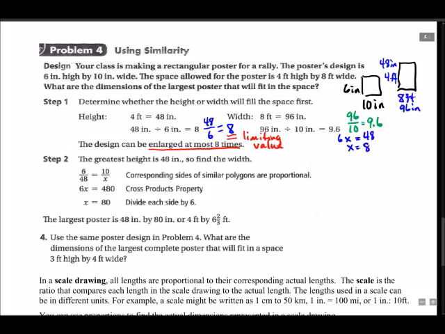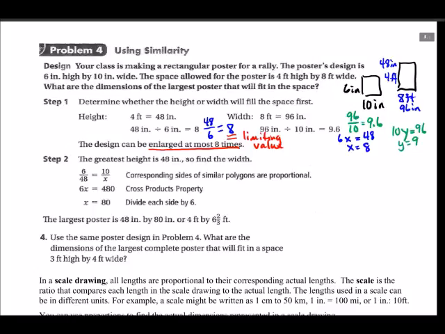And we could look at 10 times what equals 96, and we would get a 9.6 multiplication factor, like we were doing in 7.1. So there's a couple of different ways to look at this. But we are interested in our limiting value here. We can increase this poster at most by a factor of 8.